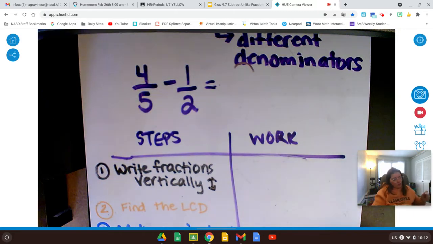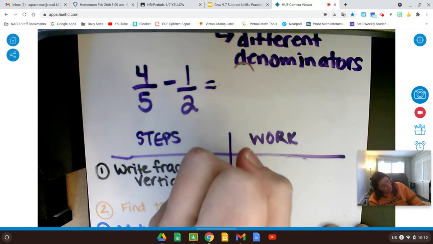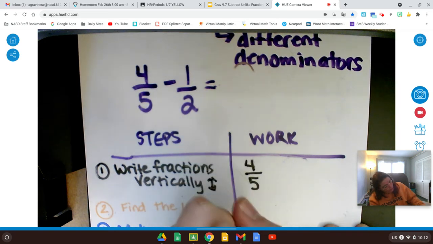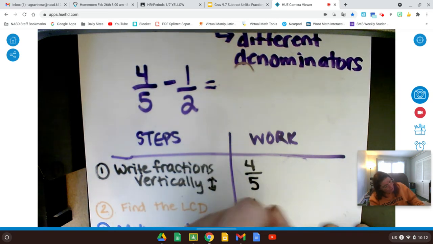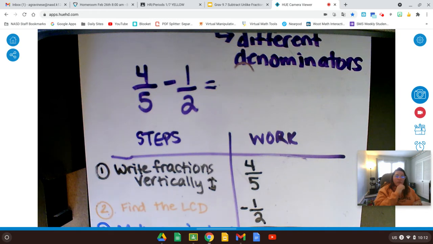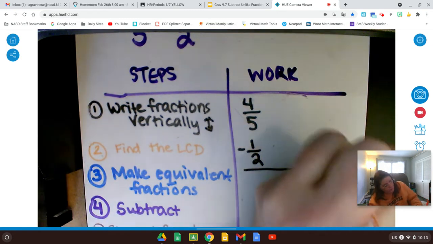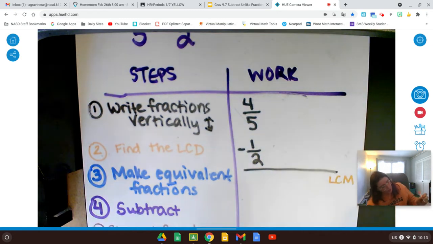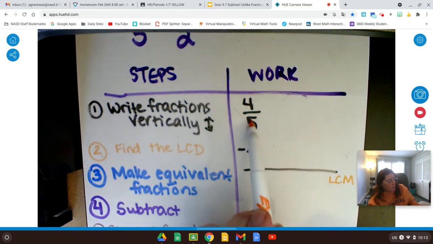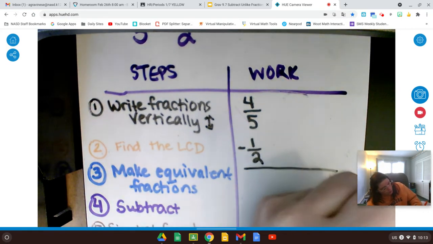Step 1 is to stack your fractions. Write your fractions vertically so that we can find our common denominator. Step 2 is to find that least common denominator. How do I do that? I find the least common multiple of my denominators 5 and 2.